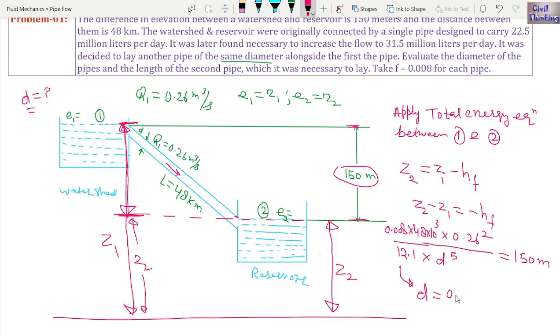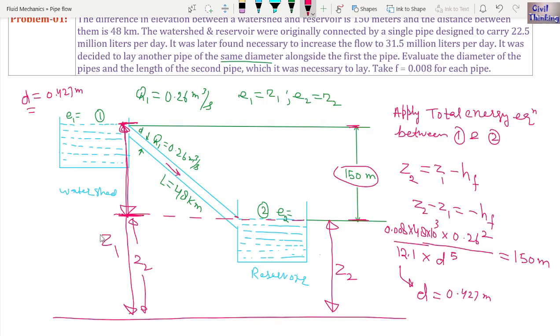Okay, I get diameter to be 0.427 meters. Okay, I hope I didn't make any mistake in the calculation. If you get a different value, please let me know in the comments. Now we found the diameter to be approximately 0.427 meters. Okay, so we've solved the first part of this problem.